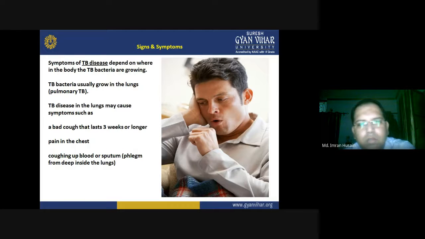Signs and symptoms. TB bacteria usually grow in the lungs. TB disease in the lungs may cause symptoms such as a bad cough that lasts for 3 weeks or longer, pain in the chest, and coughing up blood or sputum.